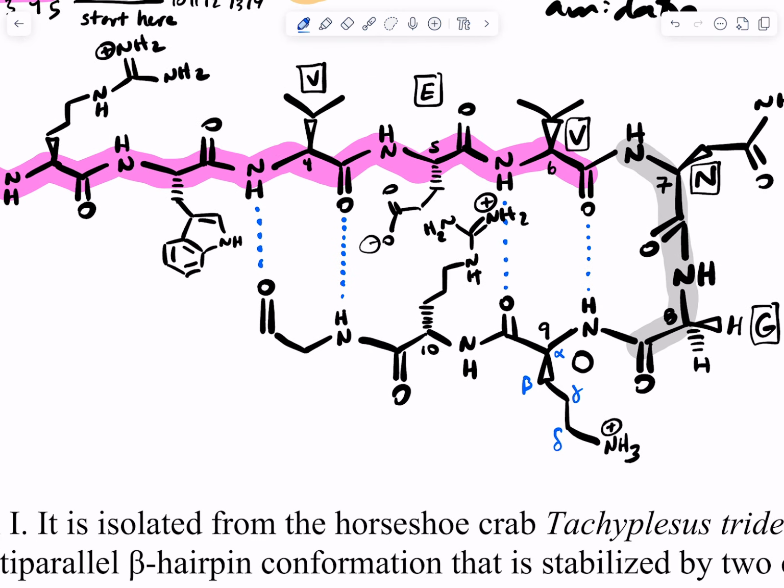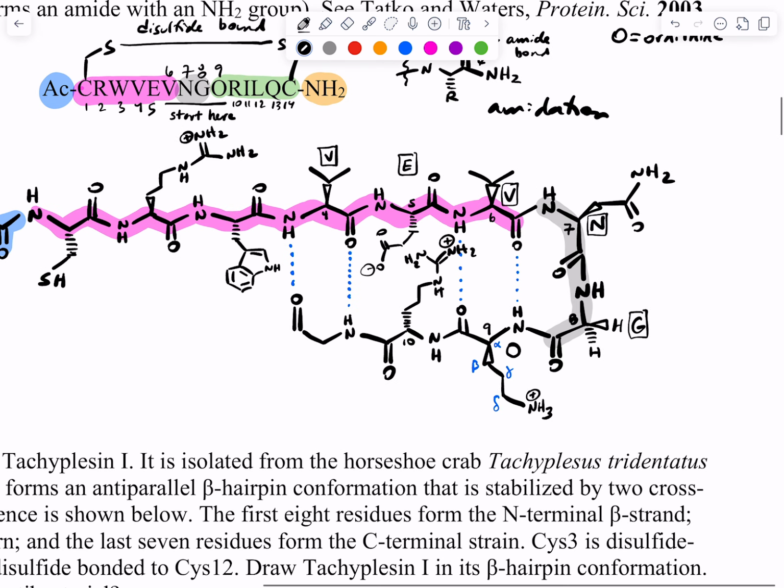The side chain here should be a wedge, and that amino acid is isoleucine. All right, so that's O, then R, then I, and that's amino acid 11.